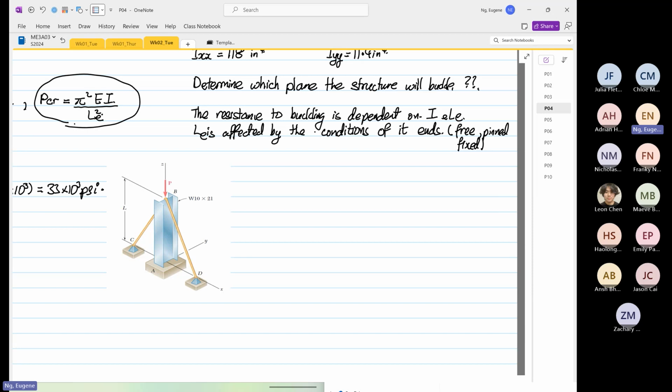Okay, before I go any further, we know that the rope, okay, the rope, you all can see the rope, right?